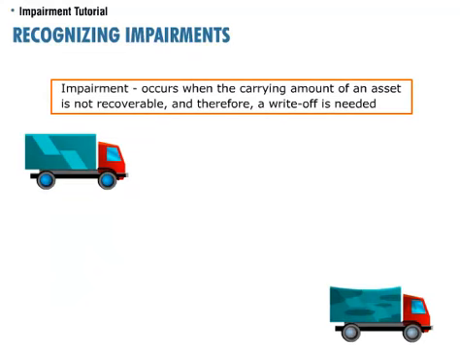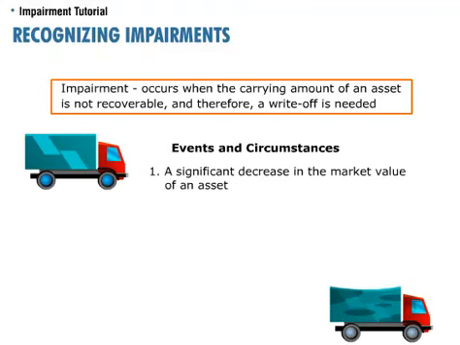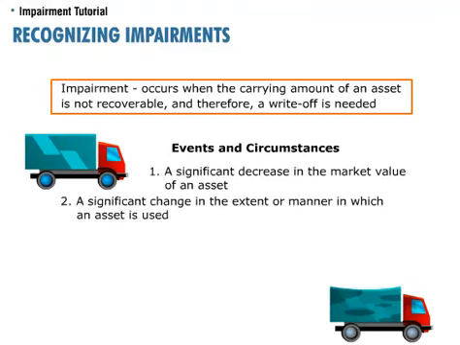An impairment of long-lived assets occurs when the carrying amount of the asset is not recoverable, and therefore a write-off is needed. Various events and changes in circumstances might lead to an impairment. Examples include: 1. A significant decrease in the market value of an asset. 2. A significant change in the extent or manner in which an asset is used. 3.